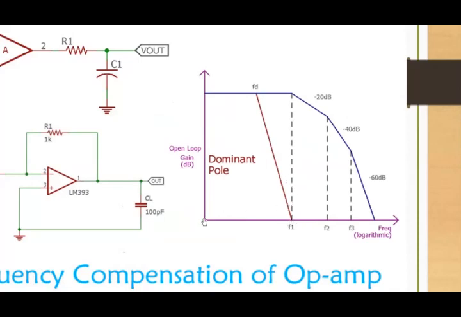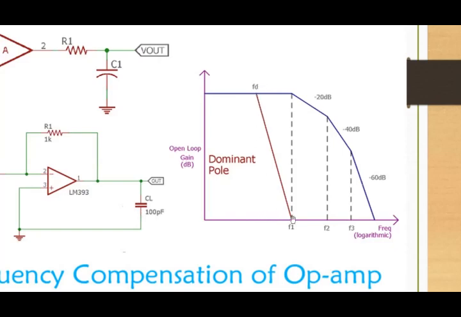So now the bandwidth, you can see up to here the gain is constant, and after that the gain is going to fall by 20 dB per decade. So here you can see the gain has been reduced. That means the bandwidth has fallen up to here.